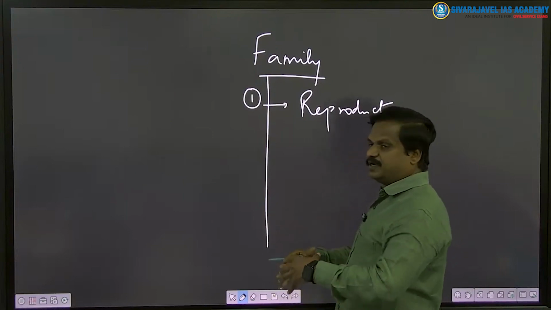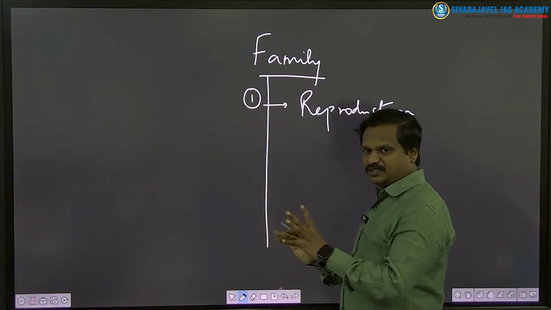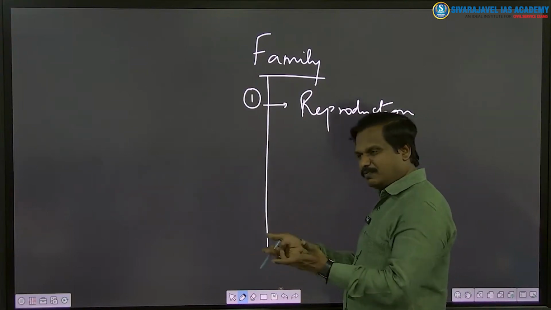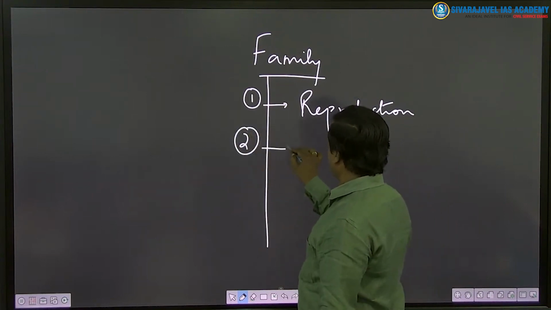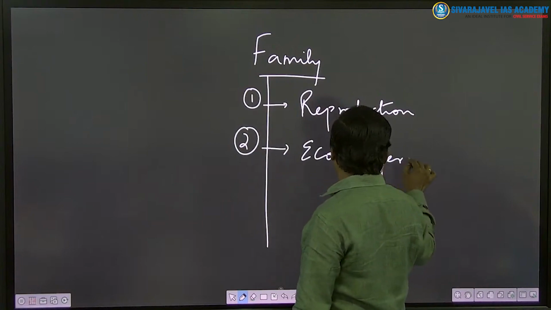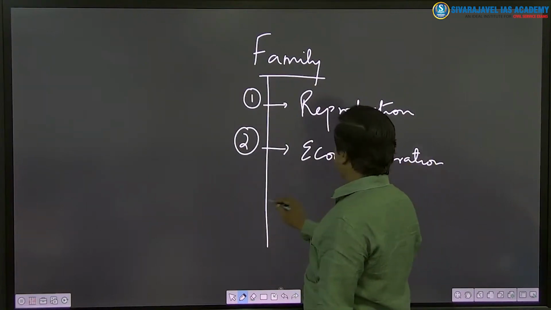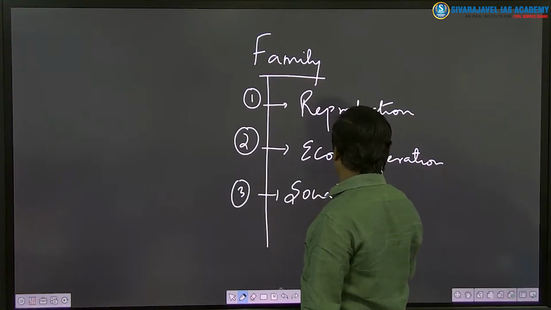If a child is produced outside the family, it is not a legitimate child. It is not an approved child. It is an unapproved child, an abandoned child. Then secondly, economic cooperation. Thirdly, socialization of the children.